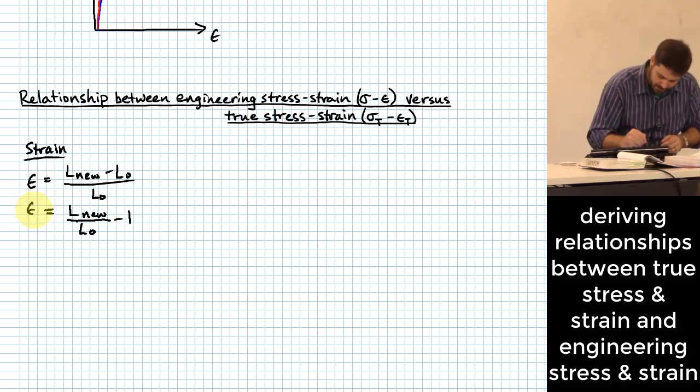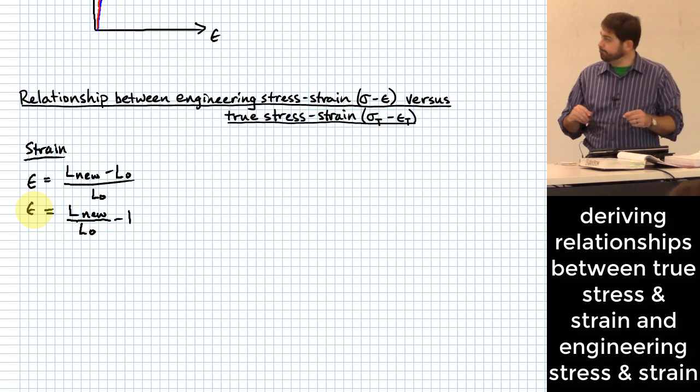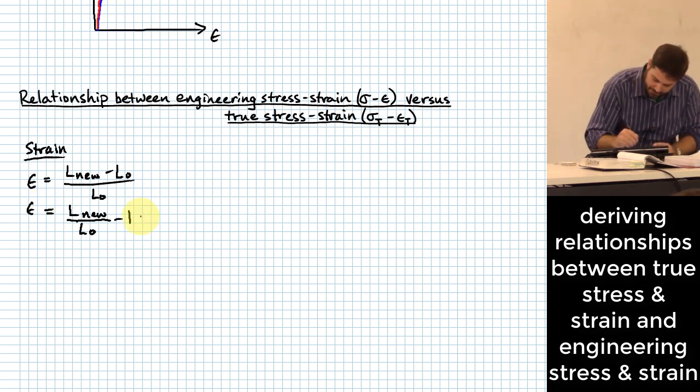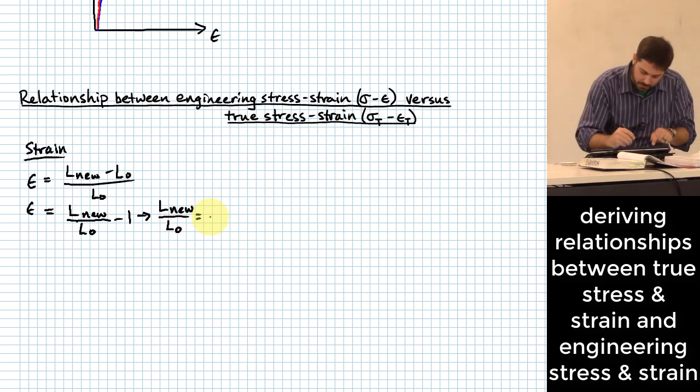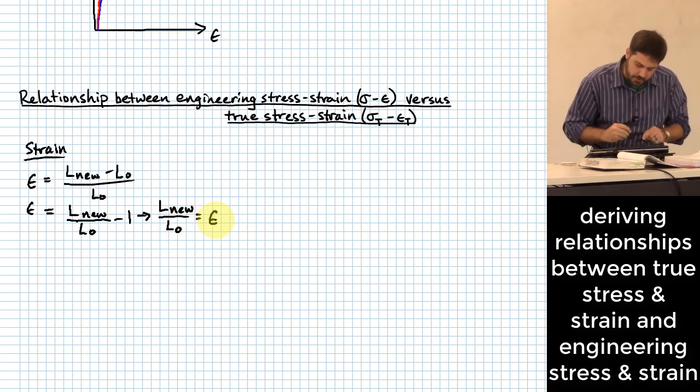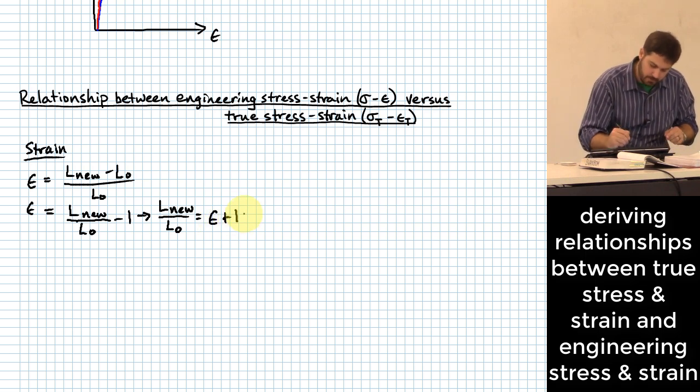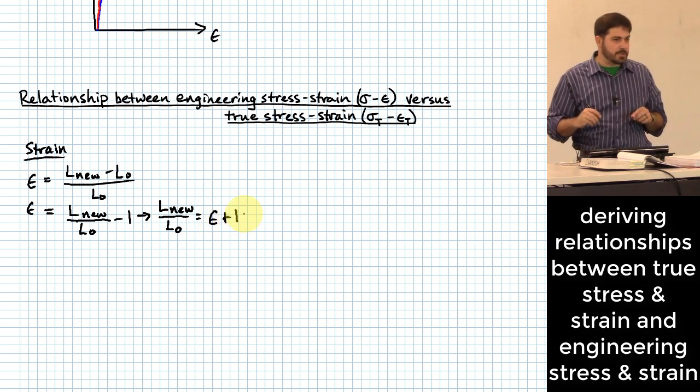This is our engineering strain. What if I change that around one more time, and I say this means that L new over L0 is going to be equal to engineering strain plus 1.